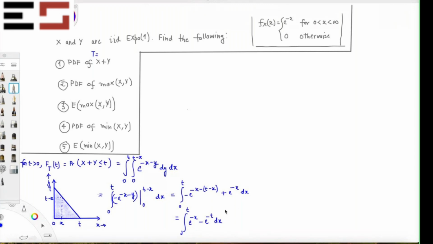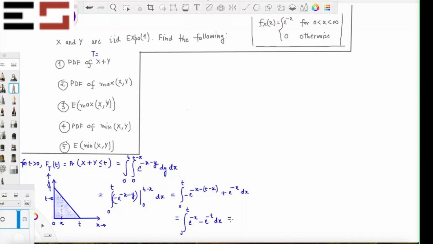Now let's again do the integral with respect to x. The integral of this term is minus e to the power minus x, and the integral of this term is minus x e to the power minus t, right?